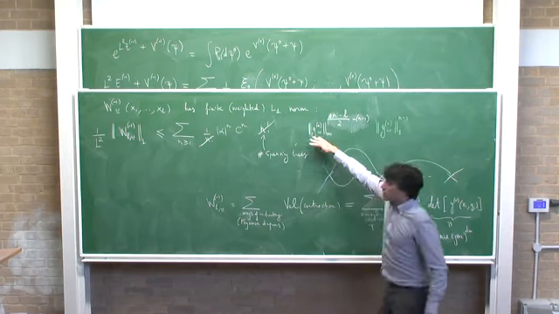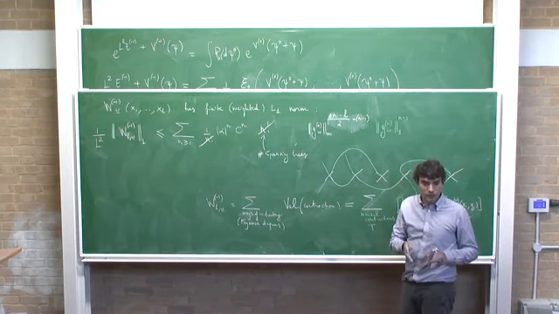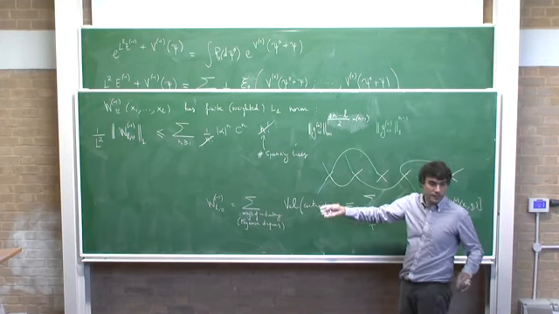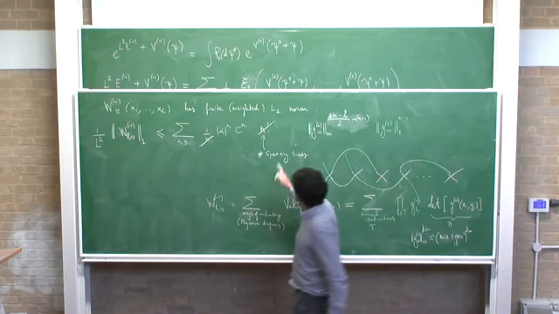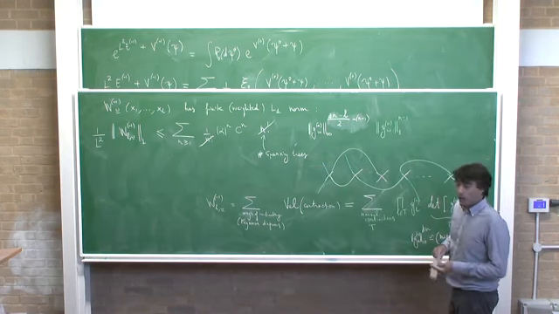Here in this context, you don't have any of that. You can expand everything, at least if you have a given infrared cutoff, and the result is an analytic function, thanks to this determinant resummation.